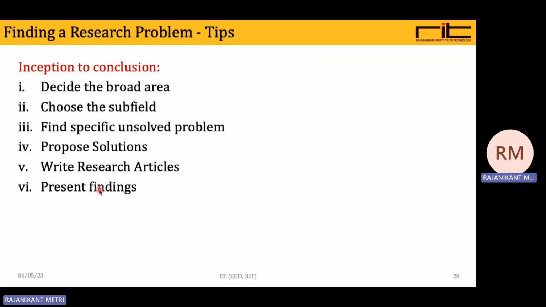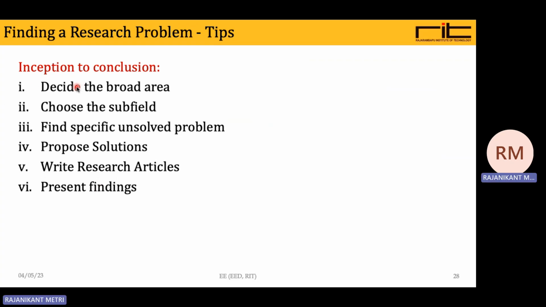The first point is inception to conclusion. So here, from the beginning to the end of the program, a researcher goes through various steps. The first one is decide the broader area.